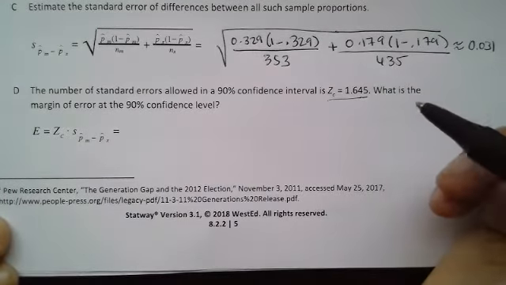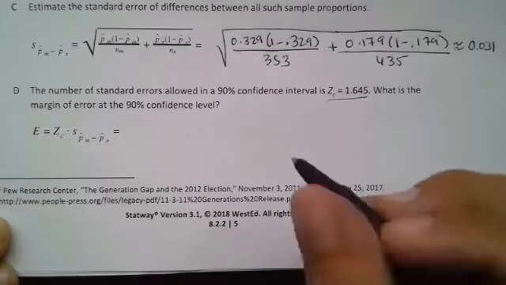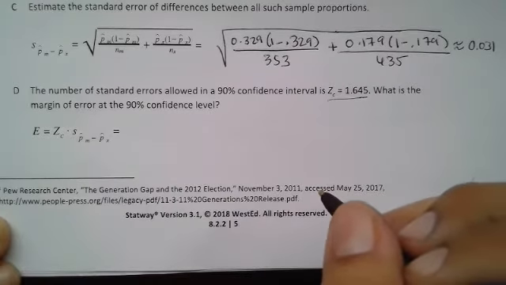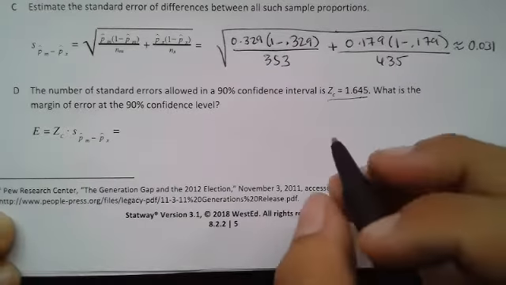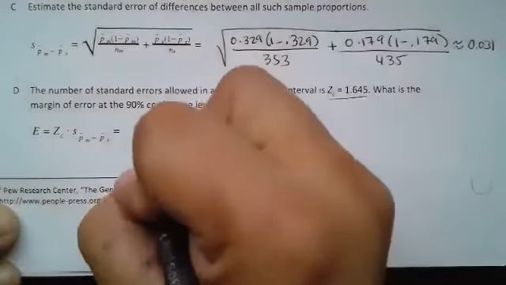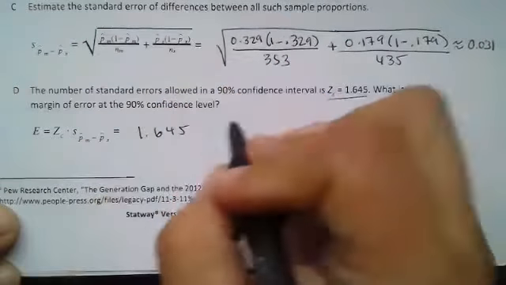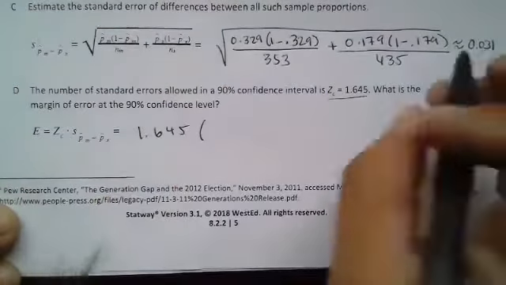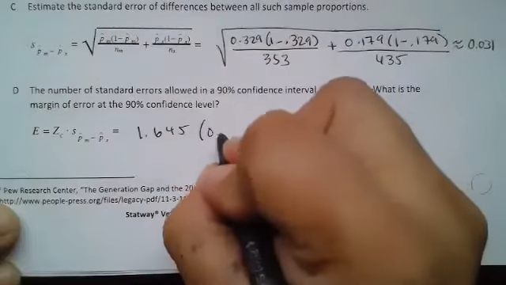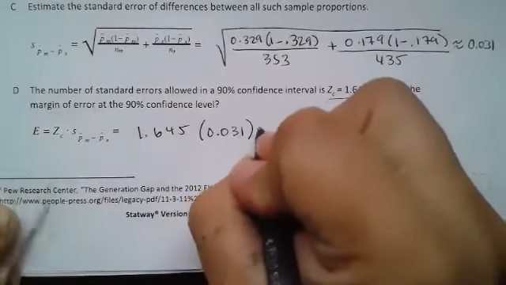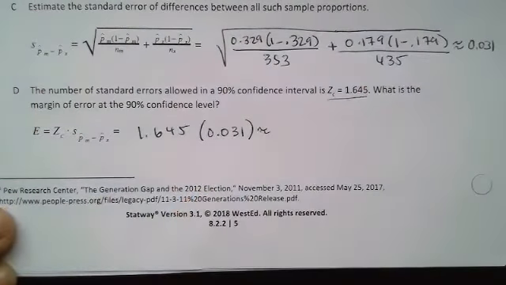So then B is what? 1.645 times the quantity from before, right? 0.031, right? And that becomes what? 0.0510.